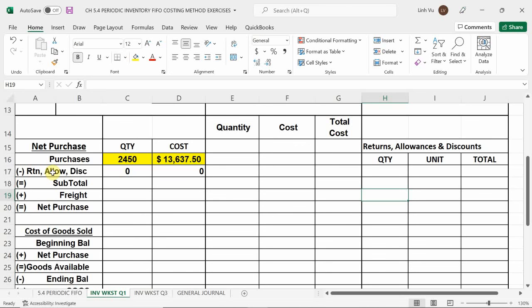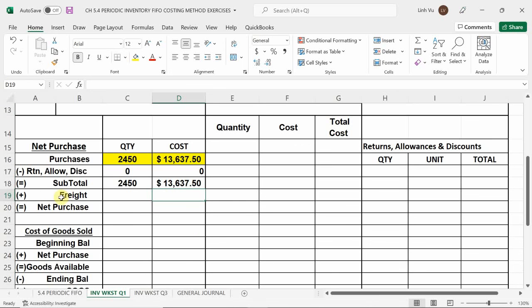Which makes sense, because if you purchase them and then you end up returning them, therefore your subtotal should equal your purchases minus your returns. So in this case, because I don't have any returns, it's going to be 2,450 at 13,637.50. Okay.